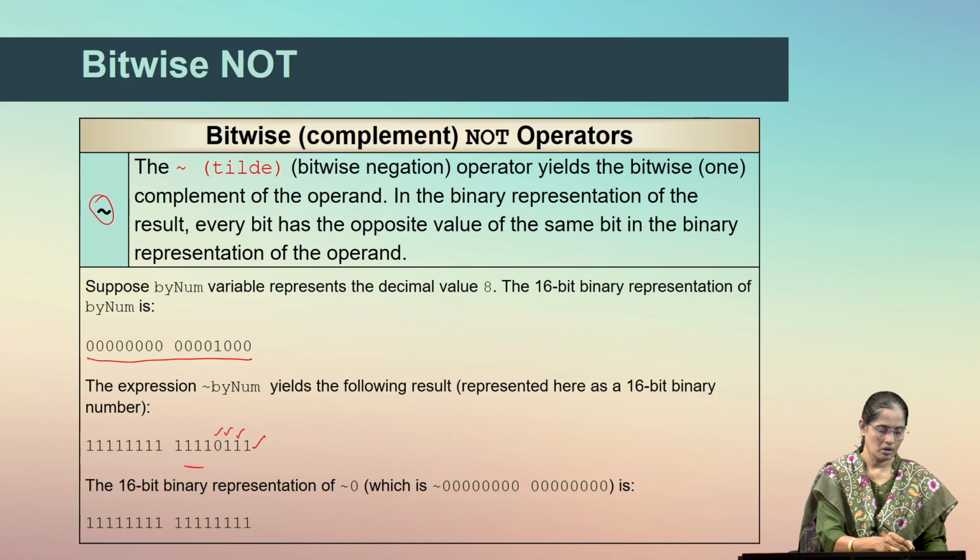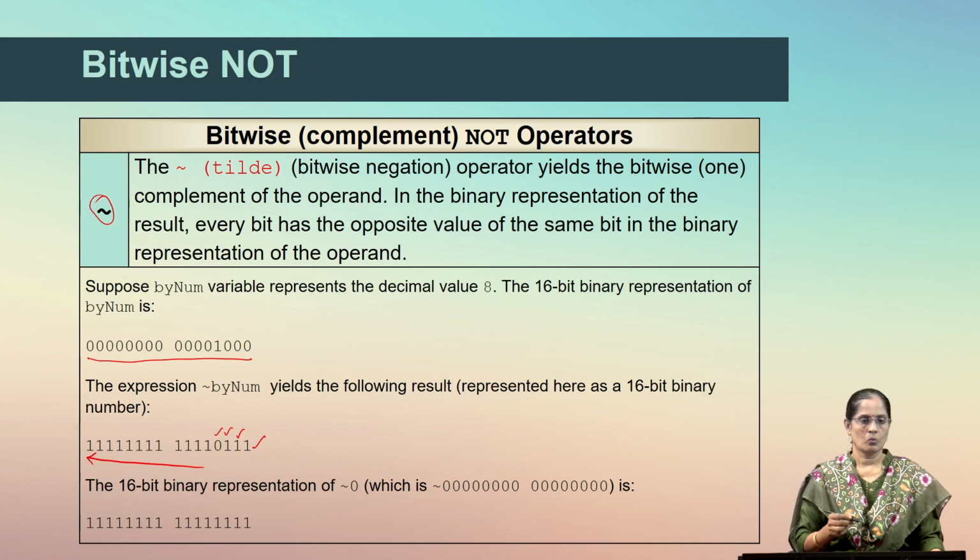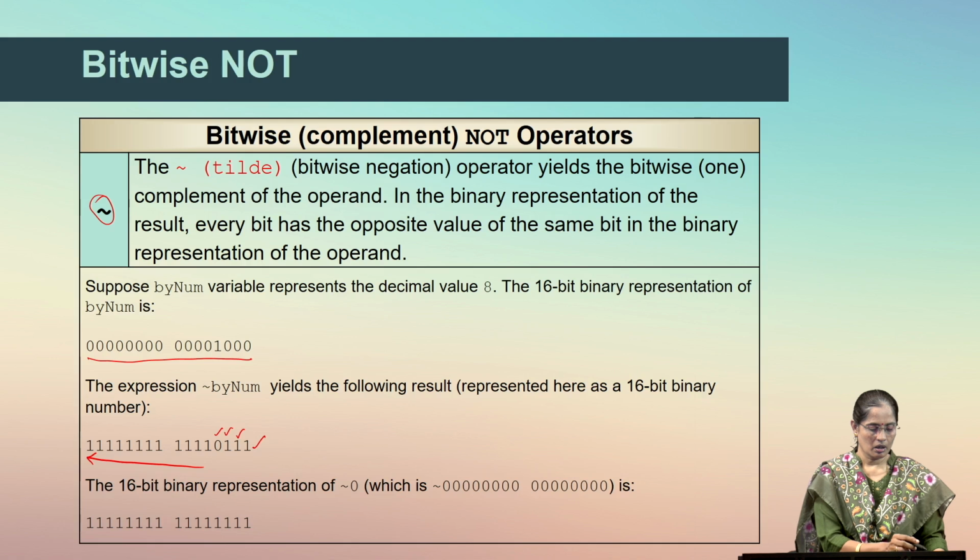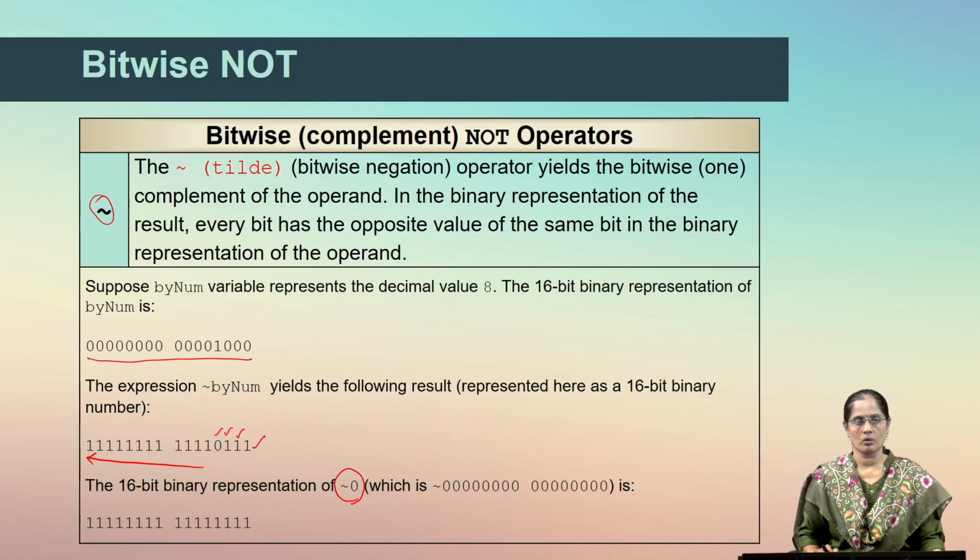It goes on, all other bits are zeros, hence they are all replaced with ones. To represent the tilde operation, we just negate using the tilde; the value 0 will be converted to its ones complement, and it makes all 1 representations.